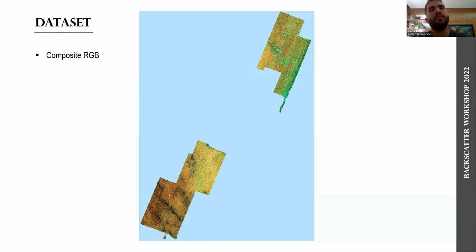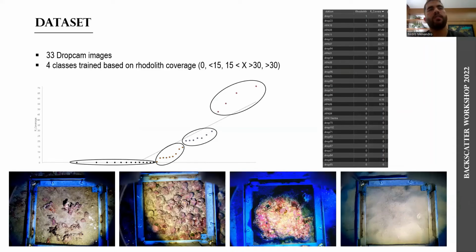Okay, so the RGB composite image with the 3 frequencies, and note some variations. And here, another part of the data set: we have 33 stations of drop camera images. Based on the coverage of the rhodolith, we defined 4 classes to train the model.